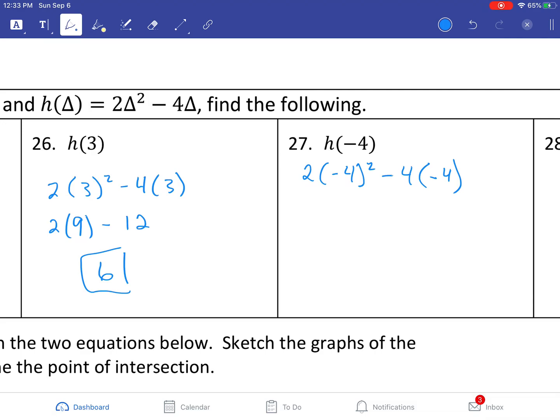Okay, so here negative 4 squared is going to be positive 16. 16 times 2, which you write first here, and then negative 4 times negative 4 is going to give you positive 16 again. So 2 times 16 is 32, and 32 plus 16 is going to give you 48.